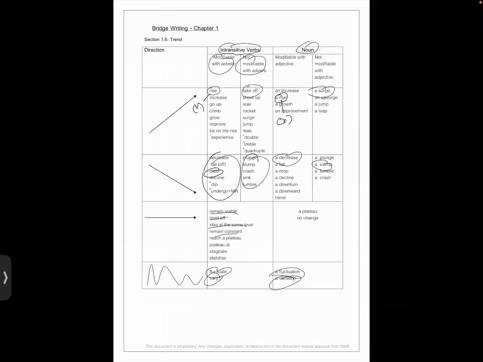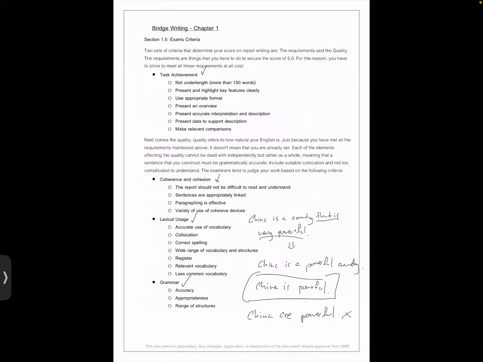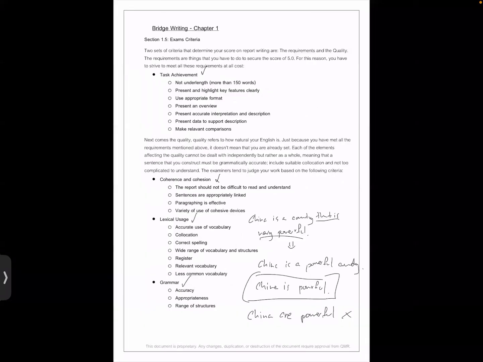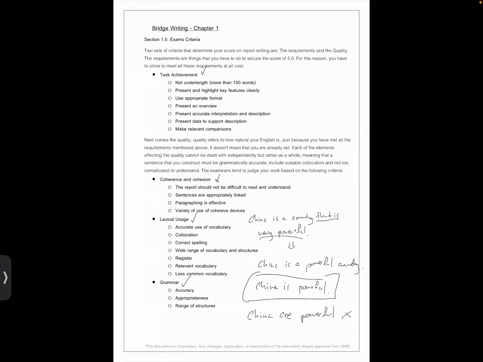So, last time, just to give you a little bit of a review of what we did, we talked about exam criteria. Basically, these are the things they take into account in order to give you the band.